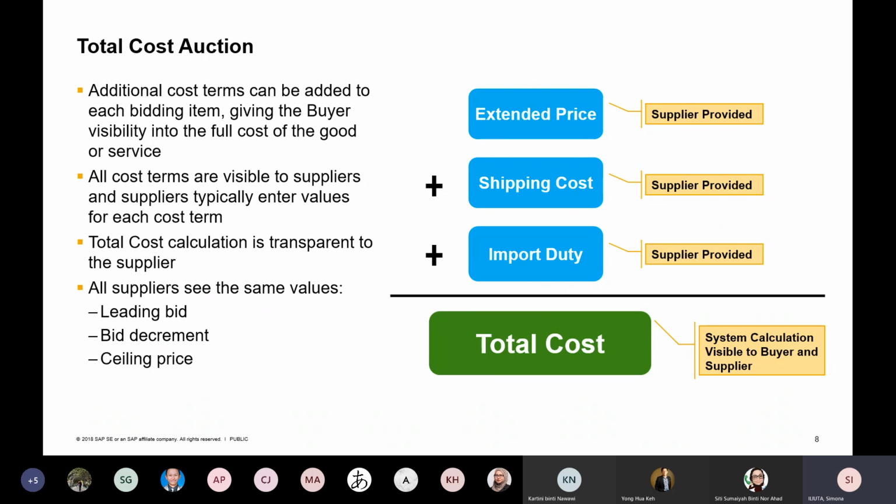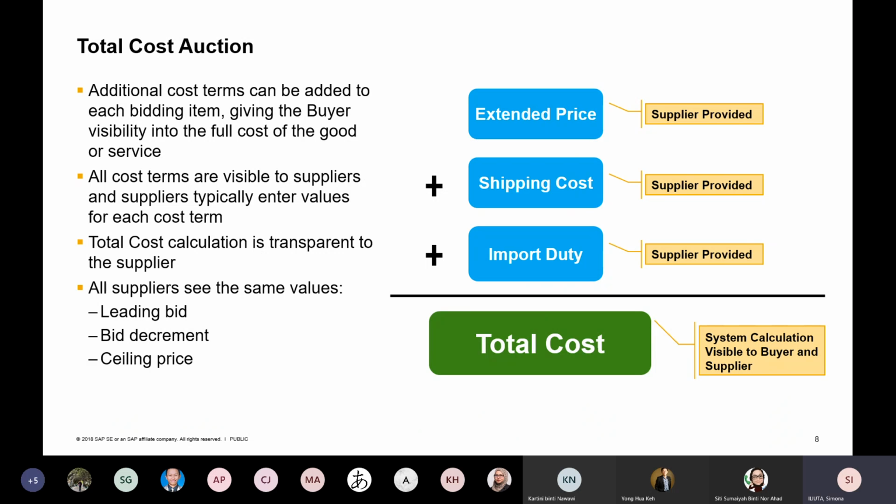For you to be able to run such an auction, of course, you first need to already have some idea on how the suppliers are able to provide you the goods and an idea on the breakdown of the total cost.